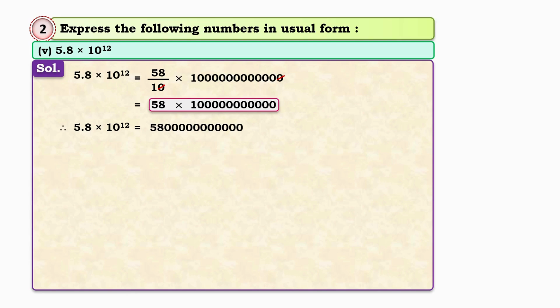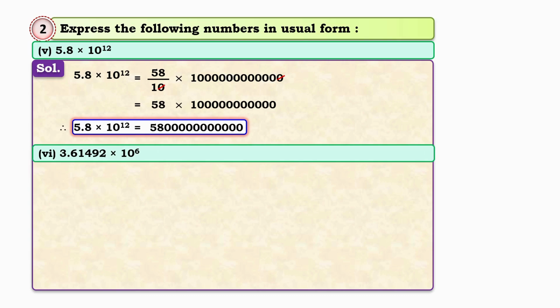You have to count the number of zeros while writing. So make sure that you are counting it properly. So this is the final answer. These types of problems are very easy, but you have to be careful while counting the number of zeros.